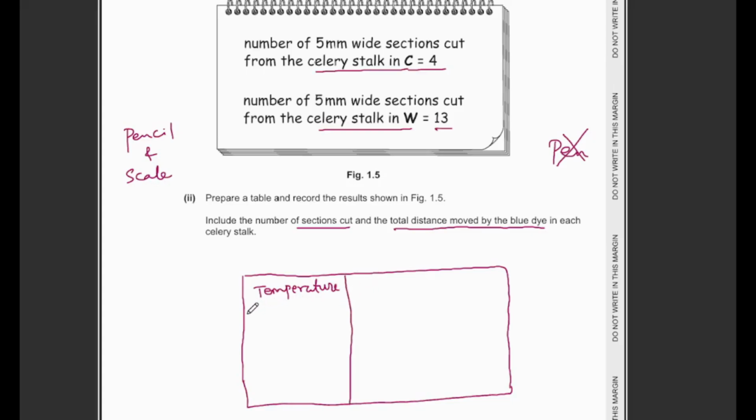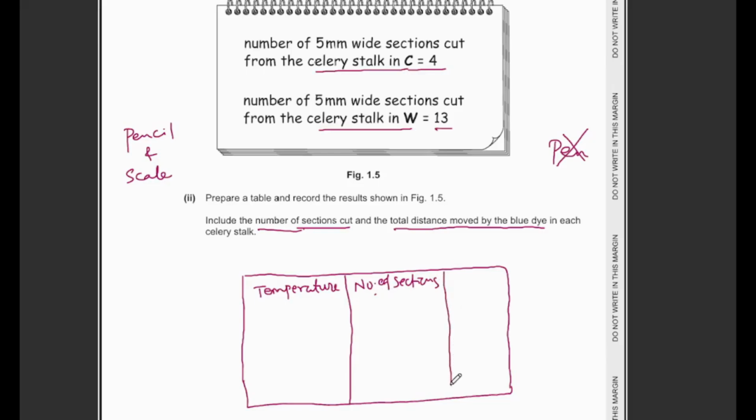The temperature is in degrees Celsius, right? So the next one is the number of sections cut. We'll mention the number of sections.